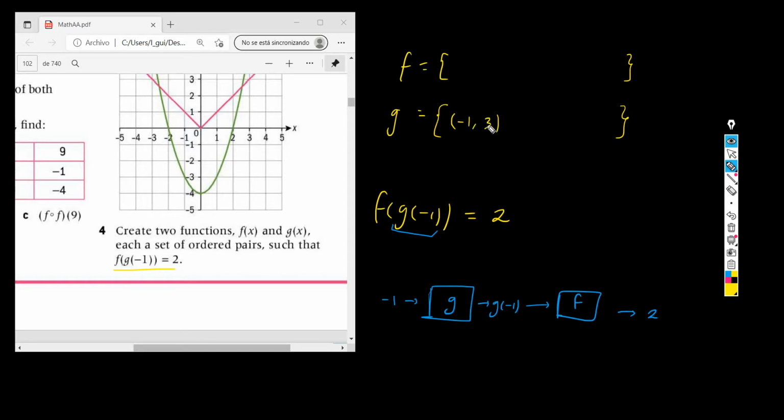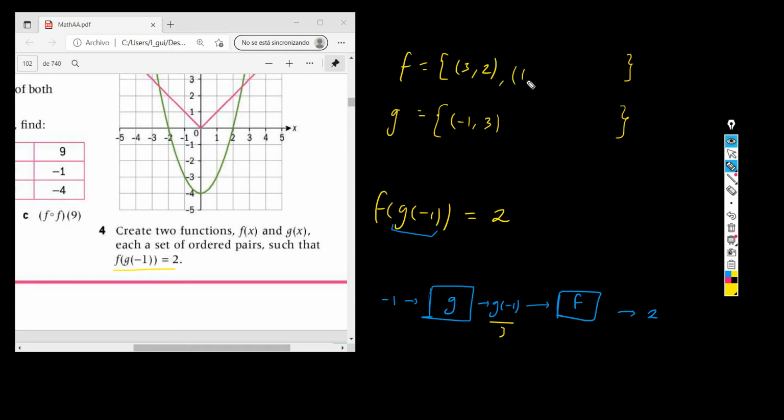What this pair means is that when you give -1 to g, it gives you 3 in return, which is this value right here. It's g of -1. That's going to be 3. And therefore, when I give 3 to f, f has to give me 2 in return. So just write 3 and then 2. And basically, guys, you're done.